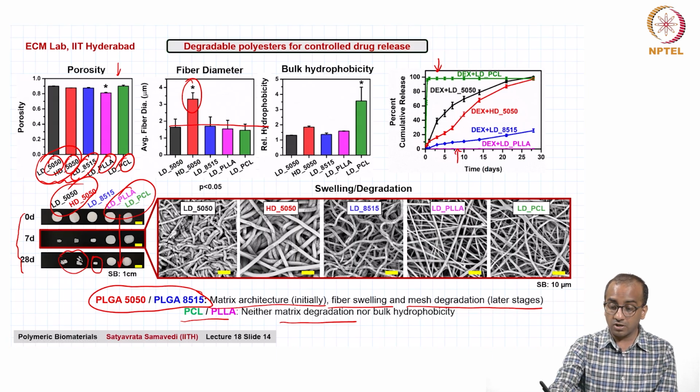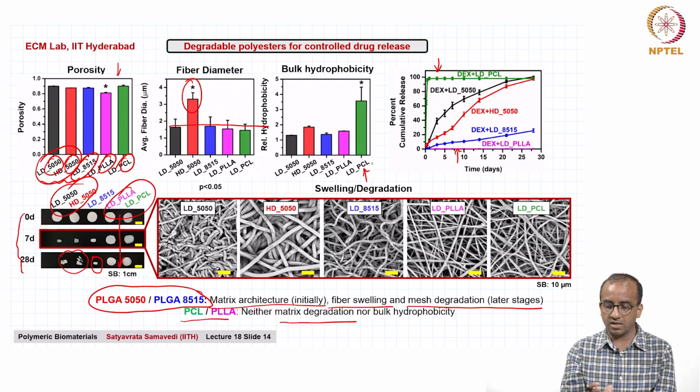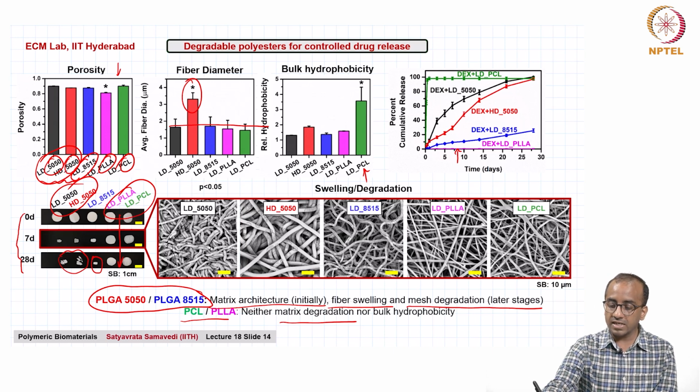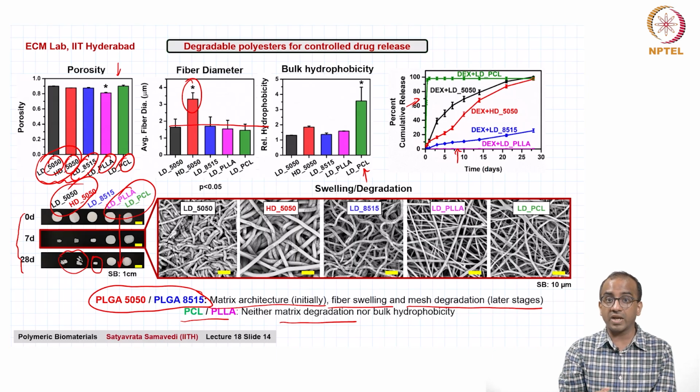Of course, we also saw that the PCl is the most hydrophobic in this experiment, based on quantification of relative hydrophobicity using differential swelling of the polymers in different solvents with different polarities. And one would expect that because the drug is also hydrophobic, some of these interactions may be stabilized, and yet you see that PCl is the one that releases the drug the quickest.